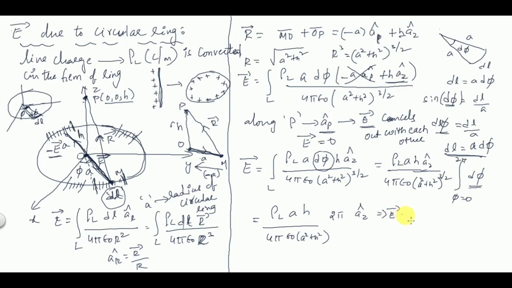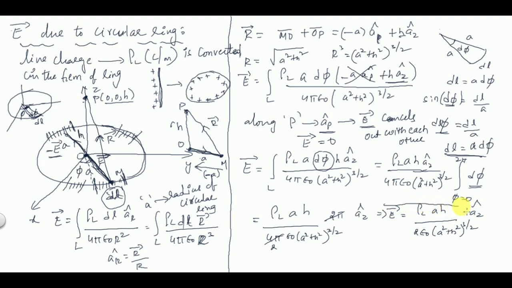So E bar is equal to, the 2 pi here, this becomes 2. So rho L into A H divided by 2 epsilon naught into A square plus H square to the power of 3 by 2, a Z cap.